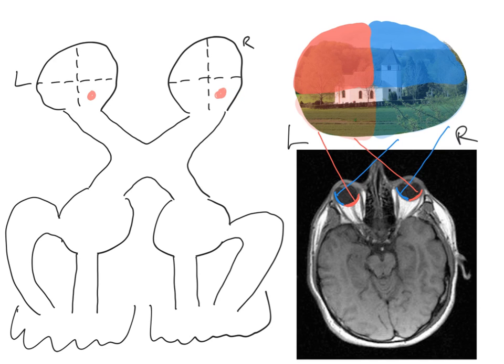Okay, now let's consider the bottom left half of the visual field, which is here. Now the bottom left half of the visual field must be seen by the top right half of the retina.